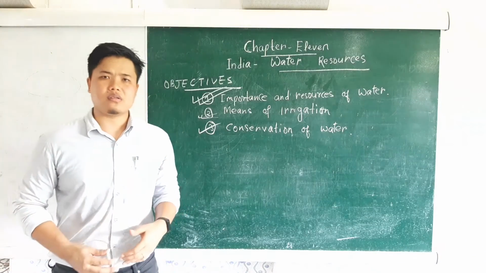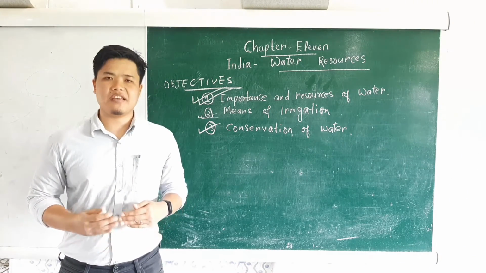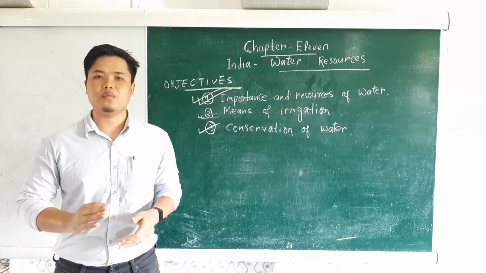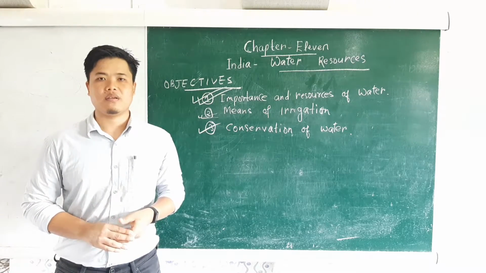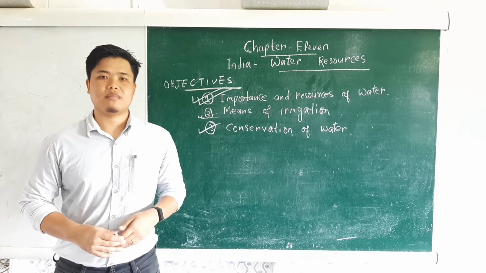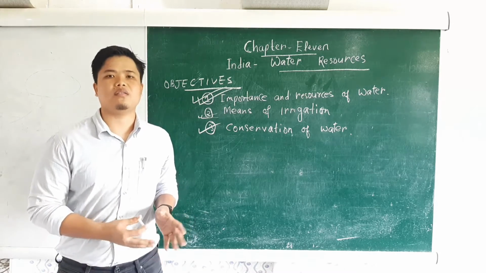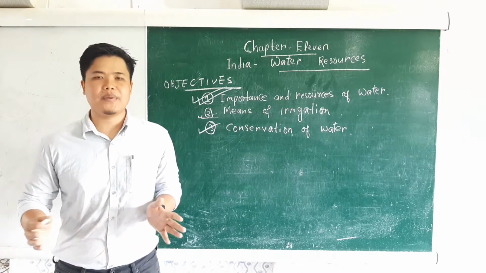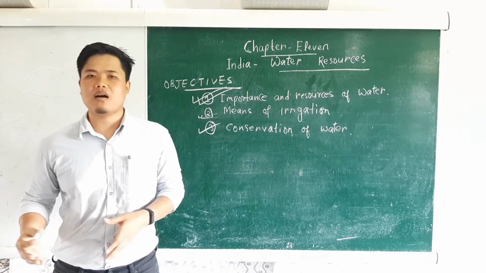And one of the most important things is we should know how to harvest rainwater. We should know how to survive if there is no rain for 1 or 2 months, like having a big tank near our house.